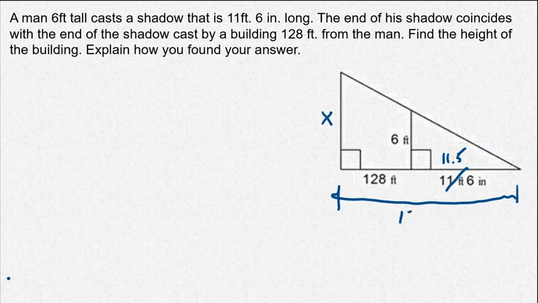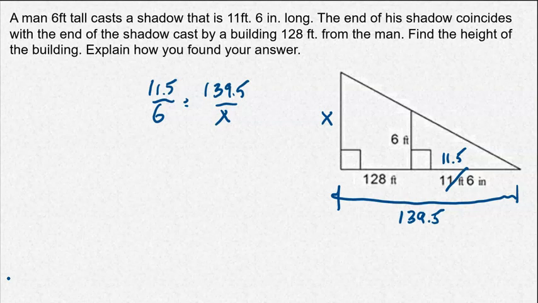I'm going to add this side here, and I'm going to cross multiply and solve. I'm not a huge fan of decimals because now I have to rely on a calculator and I cannot reduce this problem. So since I set this up 11.5 over 6, I'm going to set this up 139.5 over x.